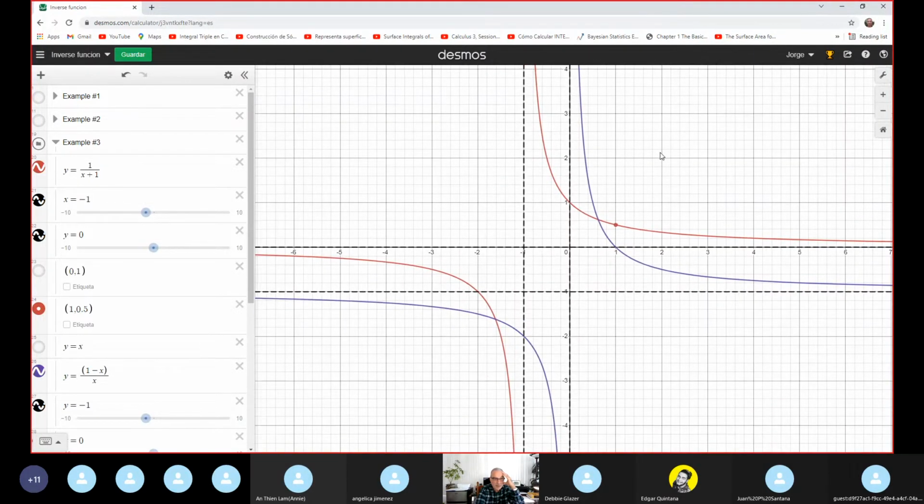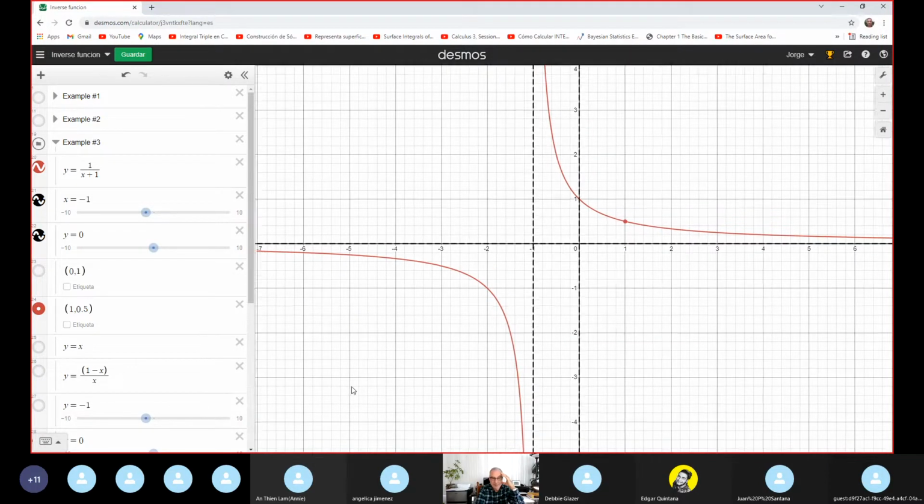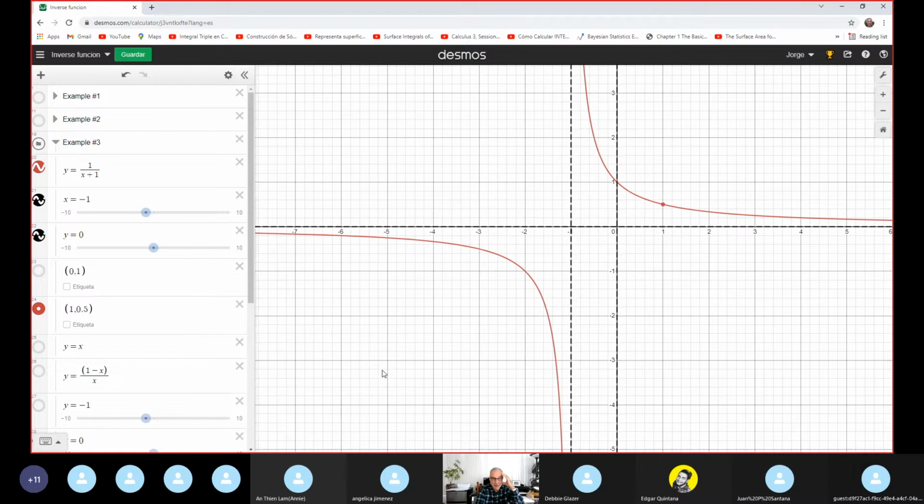But no, let's analyze step by step. Suppose only the first part, not the second part, not the purple color. Okay, this is the graph. Do you see this one? Yes or no? Answer me, please.